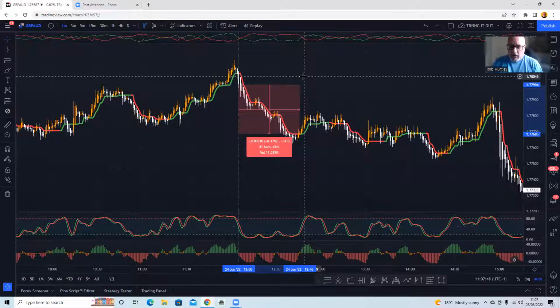So 30 pips in 40 minutes. In fact, it could have possibly been sooner than that if you'd have closed it down here when it sort of got to the 30 pip mark. It all depends what you want to get out of your trade.